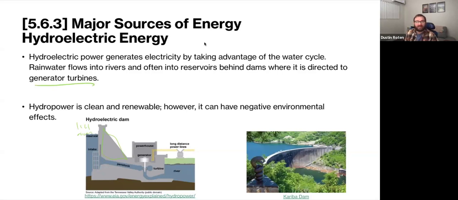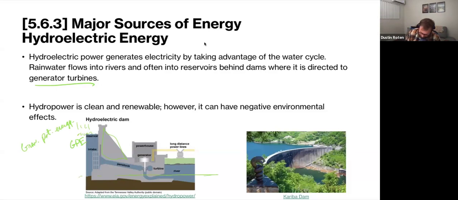So the whole idea here is that all of this water has some gravitational potential energy. I'm going to write this out. Gravitational potential energy. So we talked about that like 2 lectures ago. It's above some level, right?